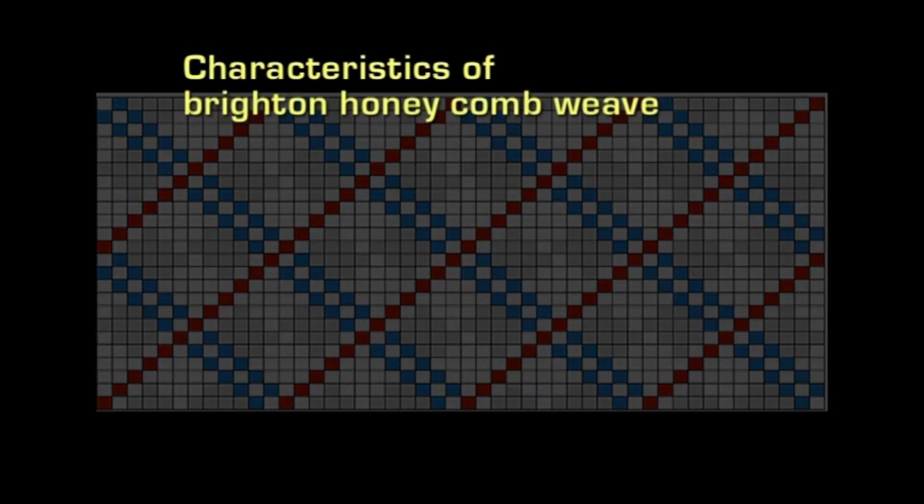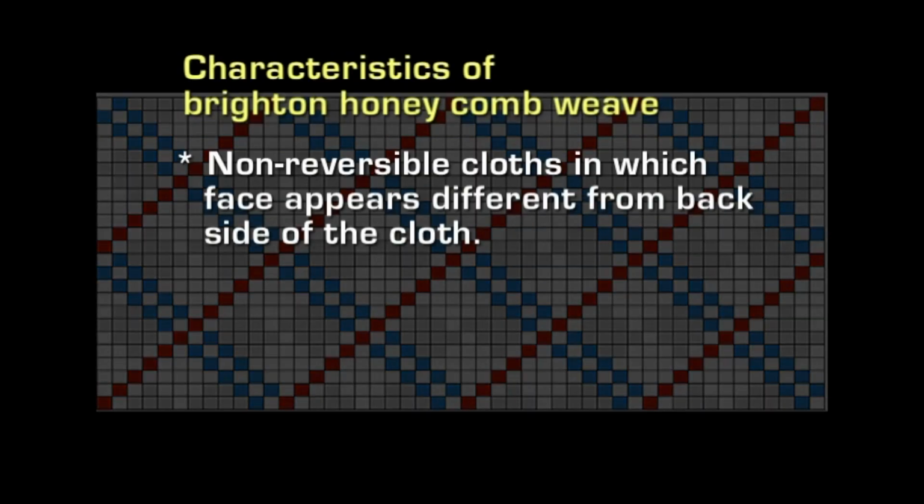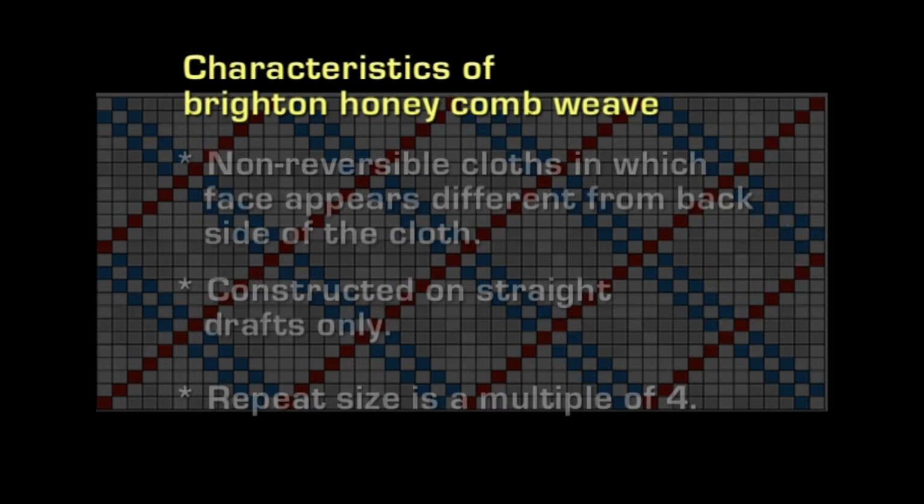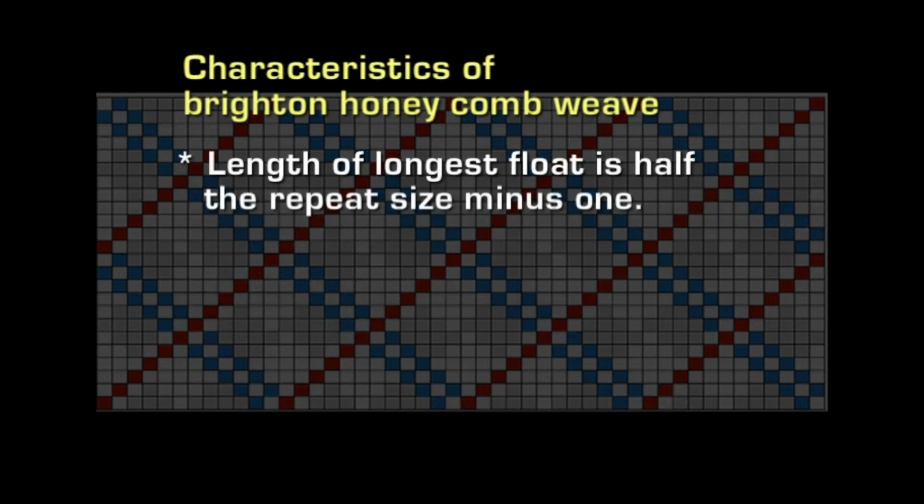Coming to the characteristics of Brighton honeycomb fabrics: these fabrics are non-reversible because the face is different from the back of the material. They are constructed only on the straight draft and cannot be constructed on any other draft. The repeat size is a multiple of 4, and the length of the longest float is half the repeat size minus 1, which should be remembered.